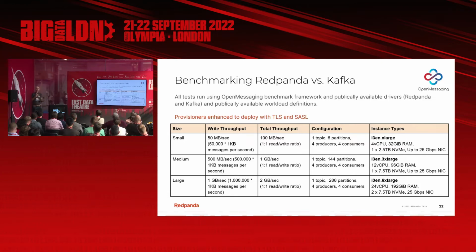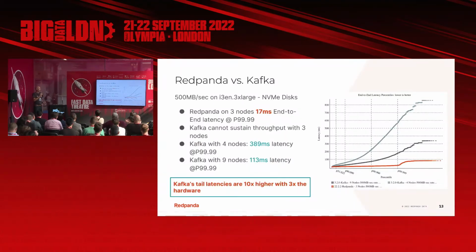And if you're comparing performance between systems, it's always worth asking: have you got the security turned on? Okay, results. This is the medium workload, the 500 megabytes per second. We're running this on i3 3x large, so this has got NVMe disks. The graph on the right is our end-to-end latency percentile graph.